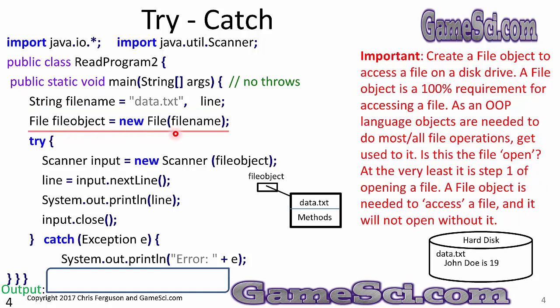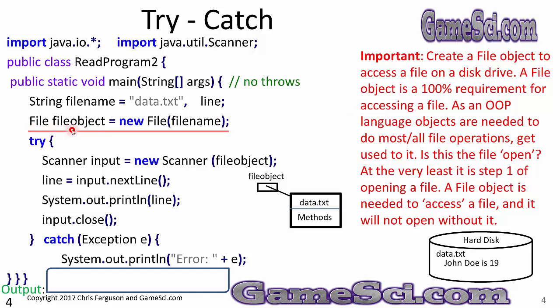File object equals new File, passing it the file name data.txt. Very important, create a file object to access the file on the disk drive. A file object is a 100% requirement for accessing a file, although in newer versions of Java they have a version of this called Path. Instead of creating a file object, you create a Path object.